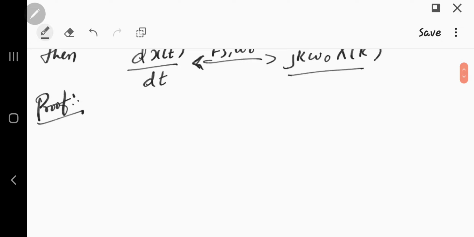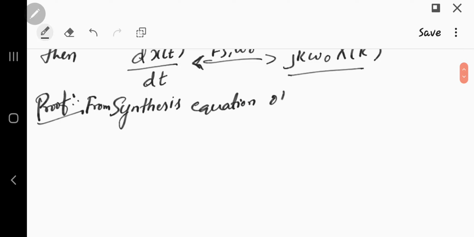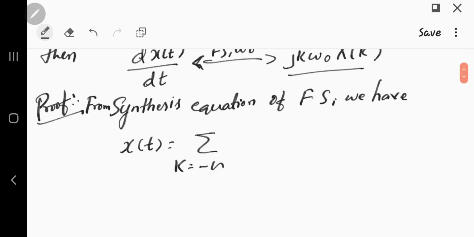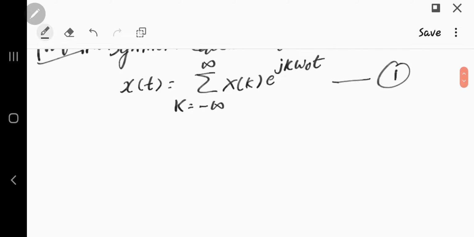Okay. So in this case we'll start with the synthesis equation of Fourier series. So we have x of t is equal to summation k equals minus infinity to plus infinity x of k e power j k omega naught t. Okay.